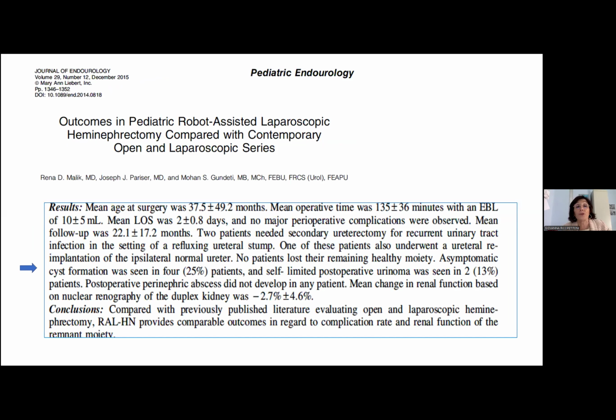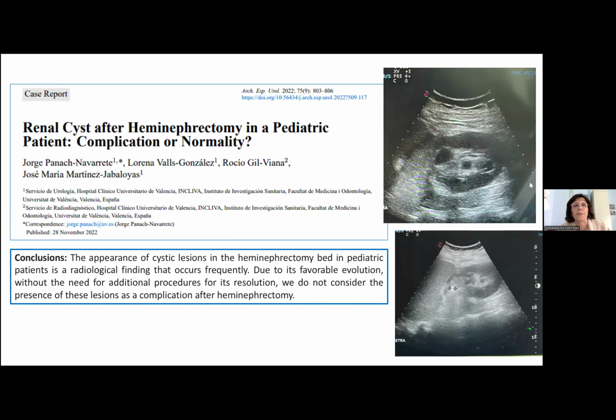If you look at the complications, the number of complications was not so small, and was comparable in the three series, open, laparoscopic, and robotic, but they found 55% of cysts, self-limited, then 13% of urinoma, and also from 2.7 to 4.6 reduction in renal function. So those are the most important complications that we have to face.